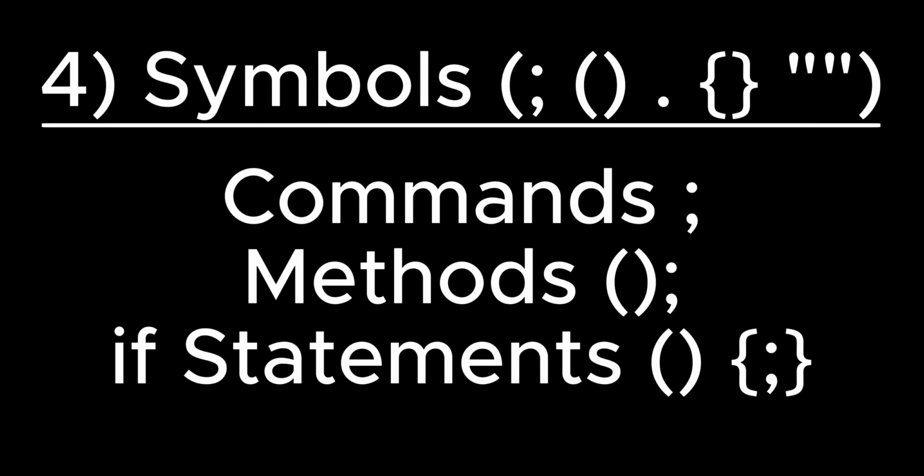So you want to put your semicolon inside the commands and the methods that you invoke. You want to put them inside the curly brackets. You want to put the semicolon, because that's where your commands are being done in the if statement. While every if statement will require you to put something in the brackets, conditions. And so if you want a refresher of the if statements, go back to the section of the video that talks about that.